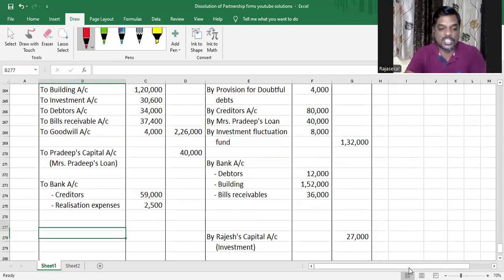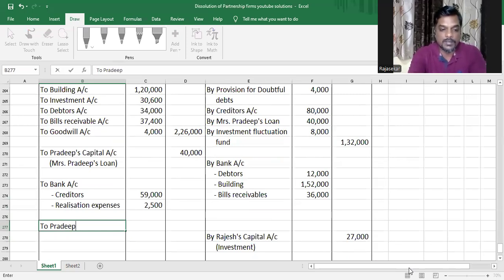Under that, I've written realization expense, and the commission payable to Pradeep will be transferred to his capital account. The journal entry is realization account debit to partner's capital account, because it's an expense and therefore the realization account will be debited. It's payable to the partner and therefore the partner's capital account will be credited. Commission, and that was rupees 1,000. Am I right or not, my dear children?